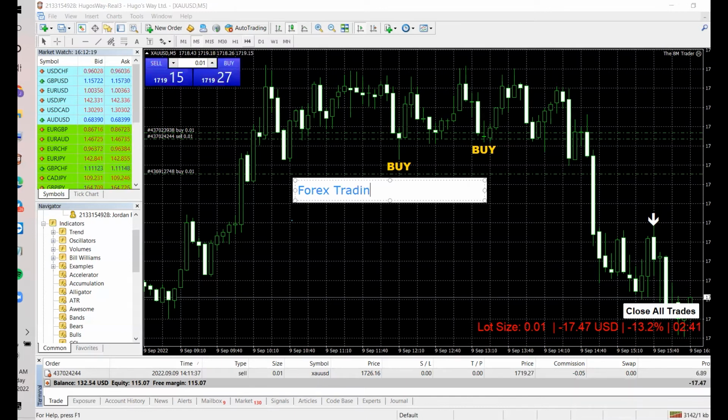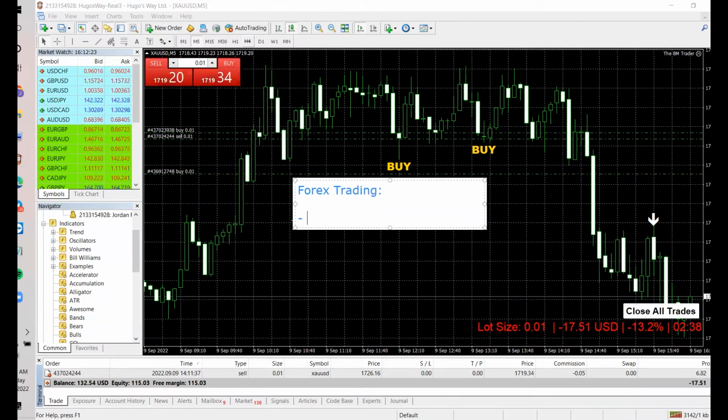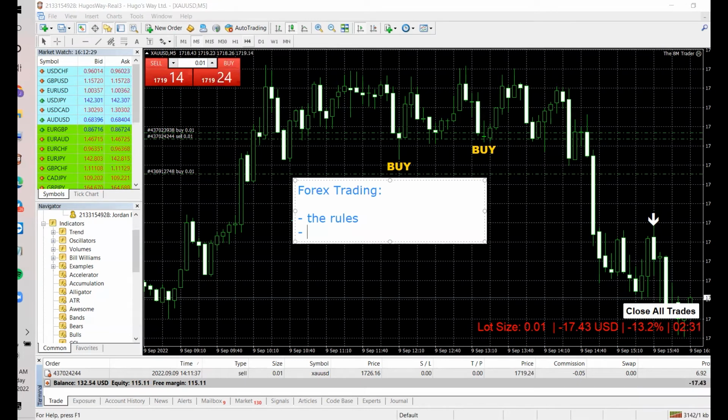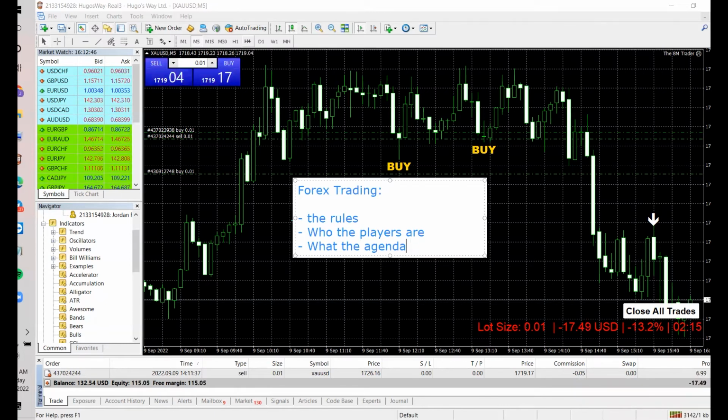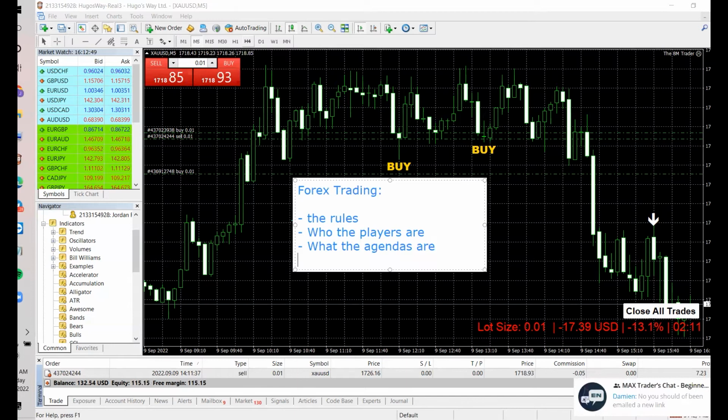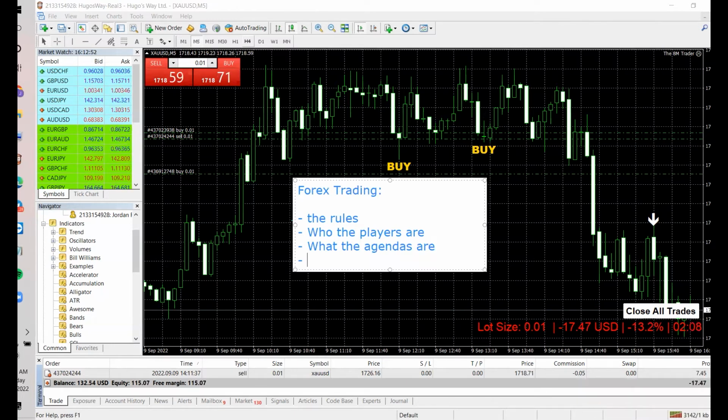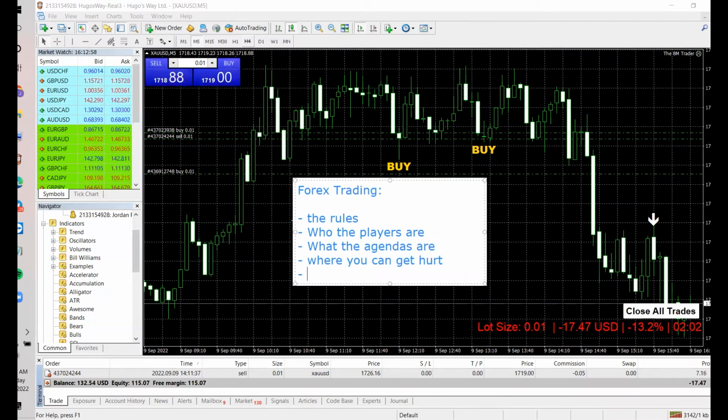This is what we need to determine, all of us together: the rules, who the players are, what the agendas are, where you can get hurt, and how you can win. And that we're going to cover.